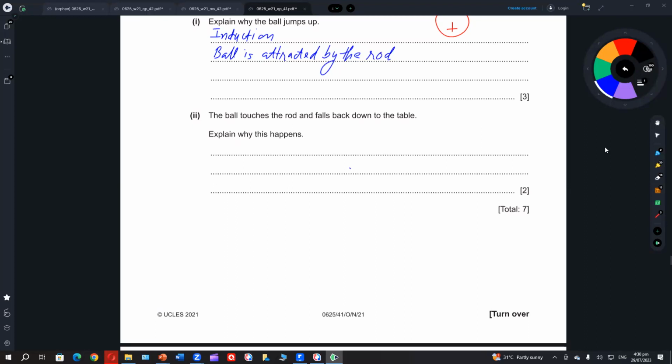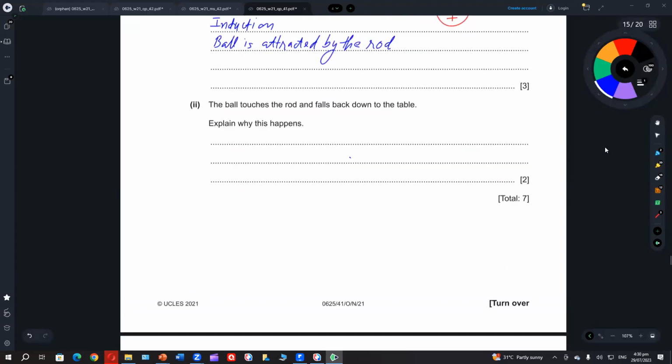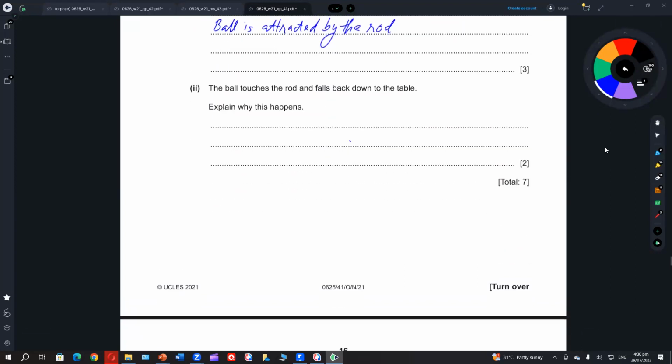Electrostatic induction is when a charged substance is brought closer to a neutral substance, then the charge distribution occurs on the surface.